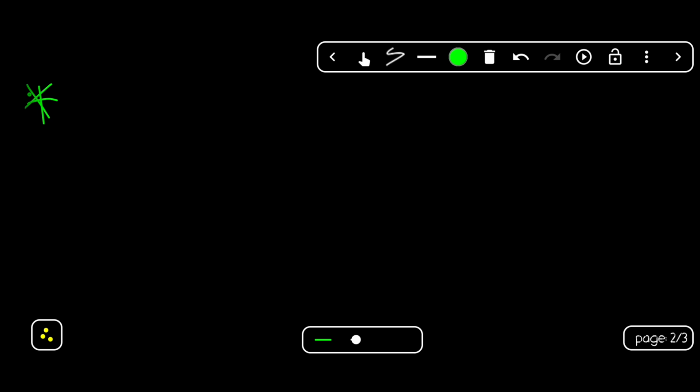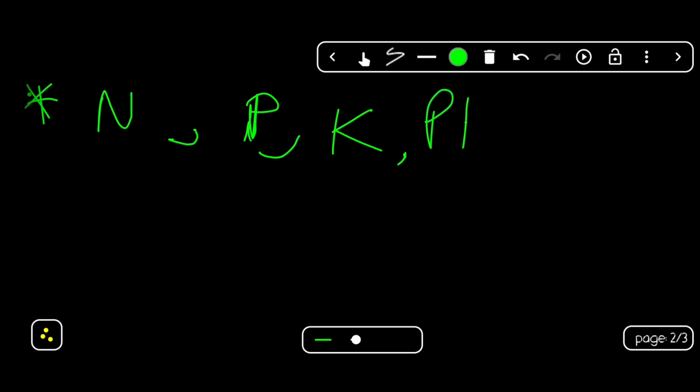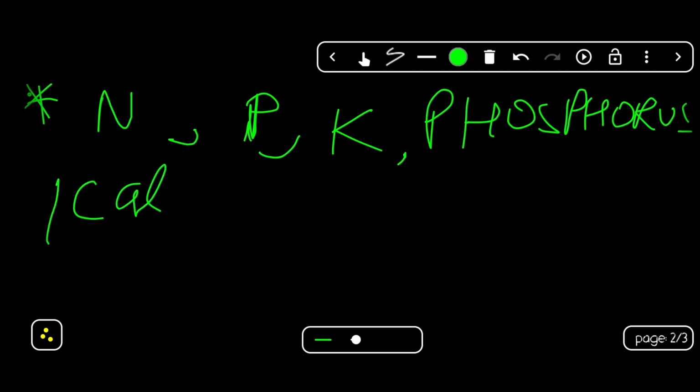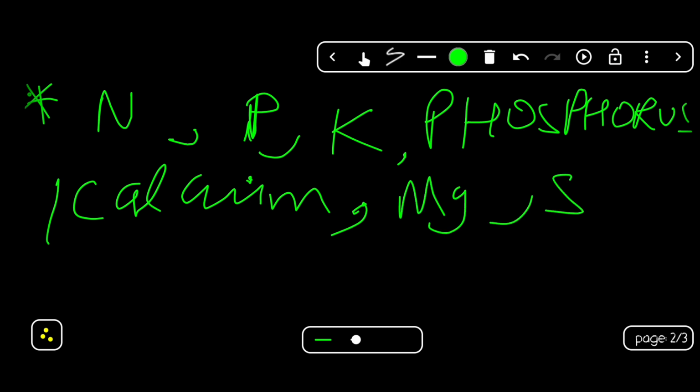First point is the macronutrients: nitrogen, phosphorus, and potassium, the NPK. Next is calcium, magnesium, and sulfur.